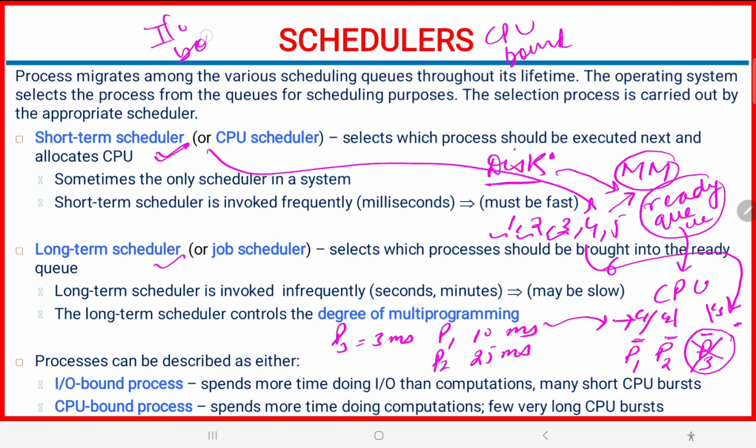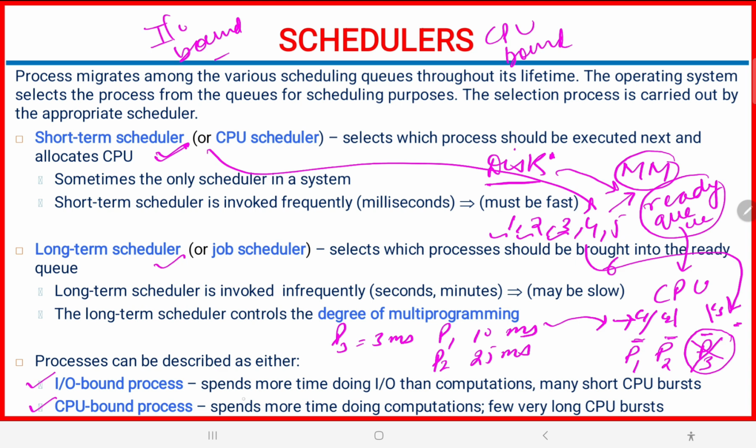If the process is CPU bound, it will need the CPU for a larger amount of time in comparison to an IO bound process, which may execute only for a few milliseconds before the process waits for an IO request. Going into more detail, the processes can be categorized as IO bound processes and CPU bound processes.